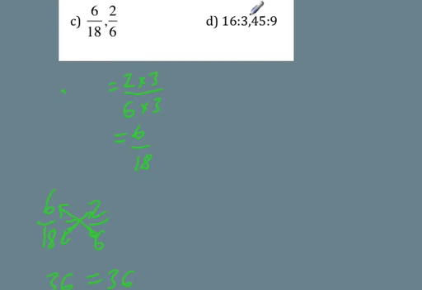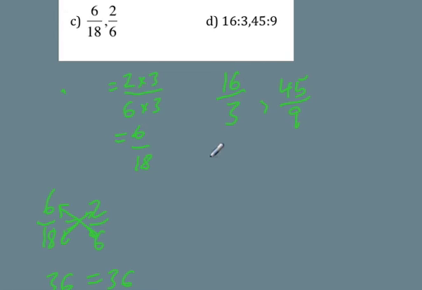Now over here, 16/3 and 45/9, what we'll do is we'll write these as fractions first. So this is 16/3 and 45/9. And you'll note that 3 times 3 is 9, so if we're going to find a common denominator, we have to triple both the 3 and the 16.